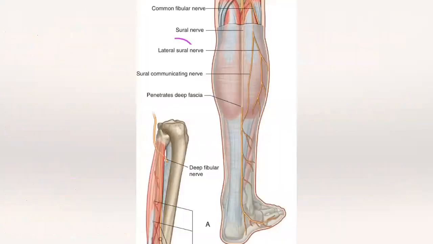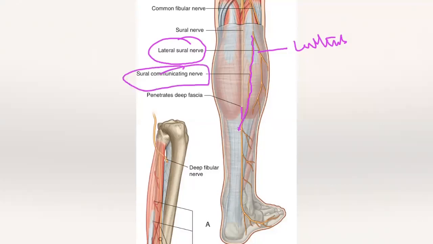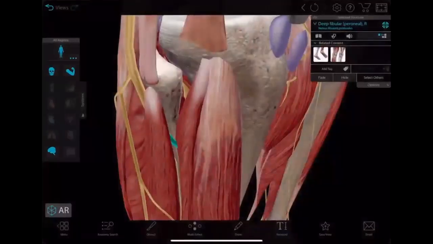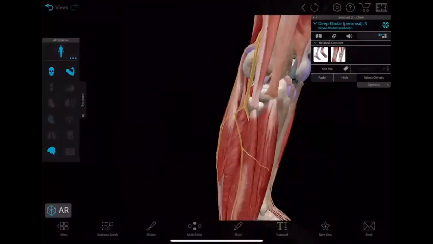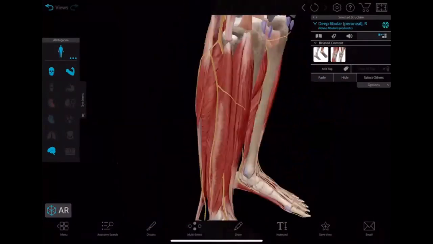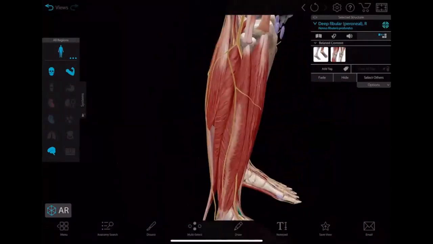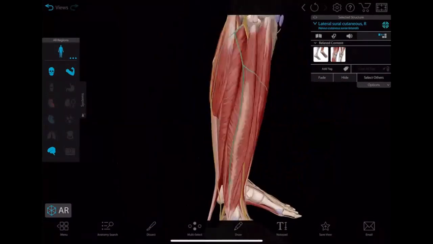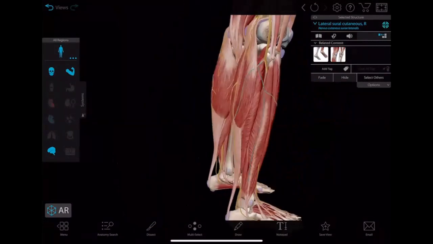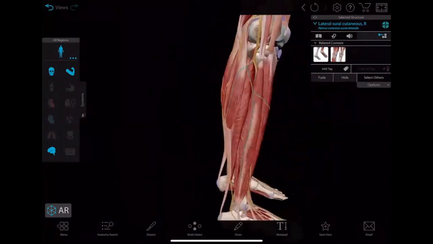You see, this is the lateral sural nerve. This one is communicating with the sural nerve. This is the sural nerve, and this is the sural communicating nerve, right? You can see that. That is the lateral sural cutaneous nerve supplying the anterior part, the lateral part, and the whole of the proximal leg, right?